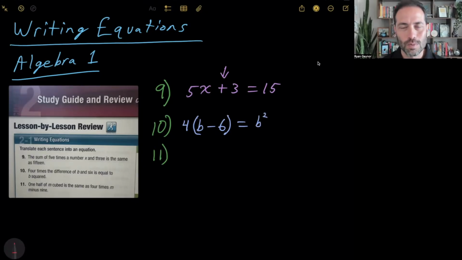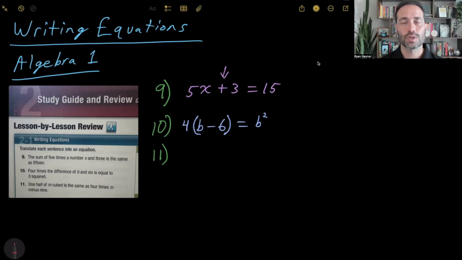Okay, let's do one more example. So this is number 11. It says 1/2 of m cubed is the same as 4 times m minus 9. Okay, so let's start in the beginning. So we have 1/2 of m cubed. Okay, so 1/2 means 1 over 2 as a fraction.